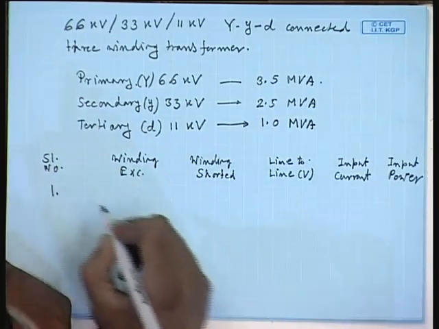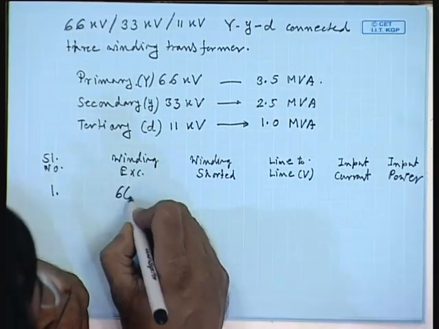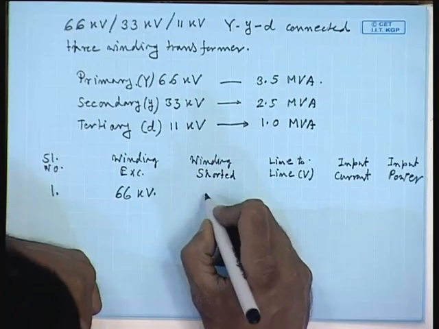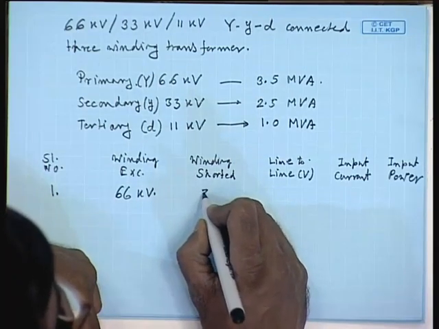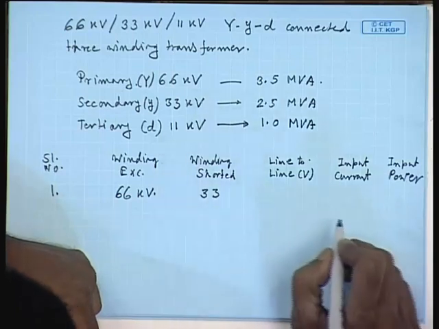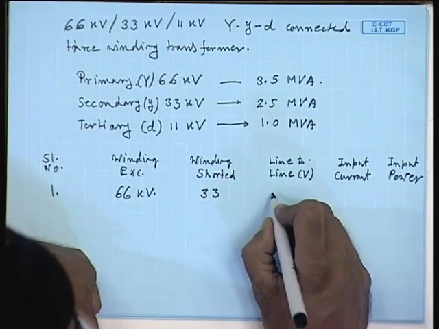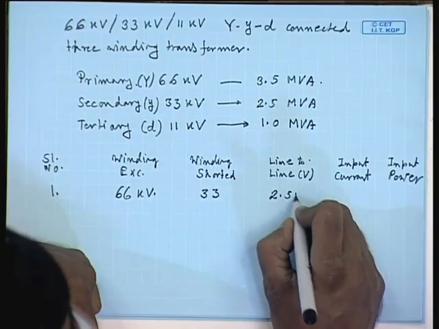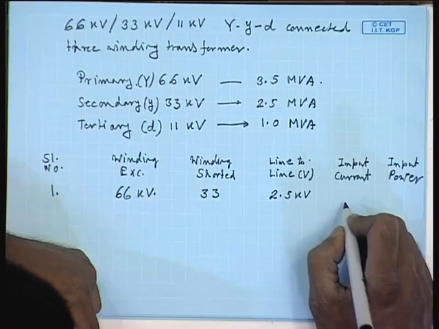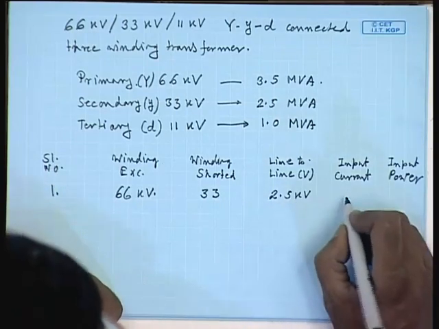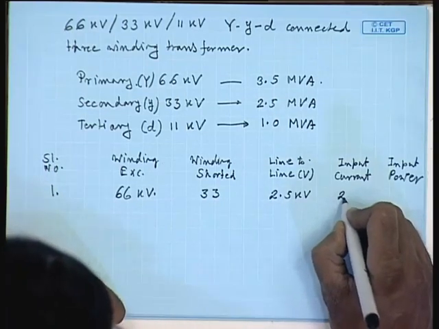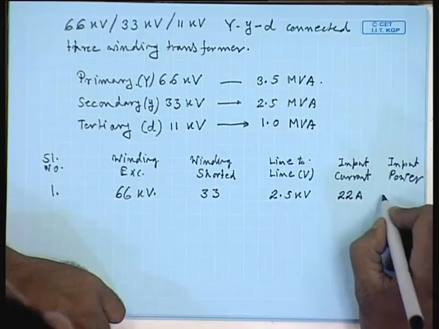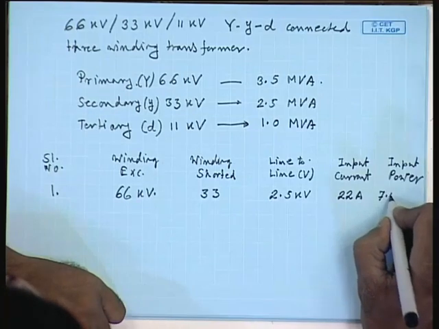So, serial number 1, winding excited is the 66 kV winding, the shorted winding is the 33 kV. The applied line to line voltage on the 66 kV is 2.5 kV, that circulates a current of 22 ampere through the HV winding, and the input power is 7.5 kilowatt.